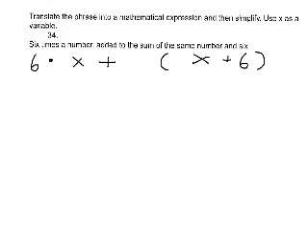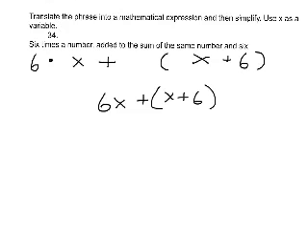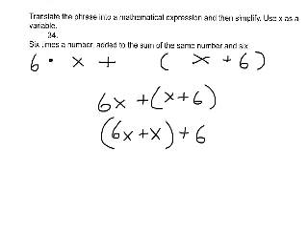So we would write it like this: 6x, because 6 times a number, 6 times x, is 6x, plus the sum of x plus 6. Now simplify. We can associate the 6x plus the x. 6x plus x plus 6 gives us 7x plus 6.